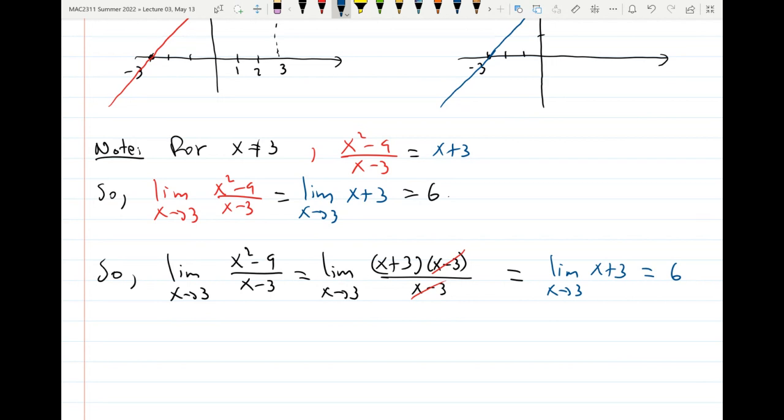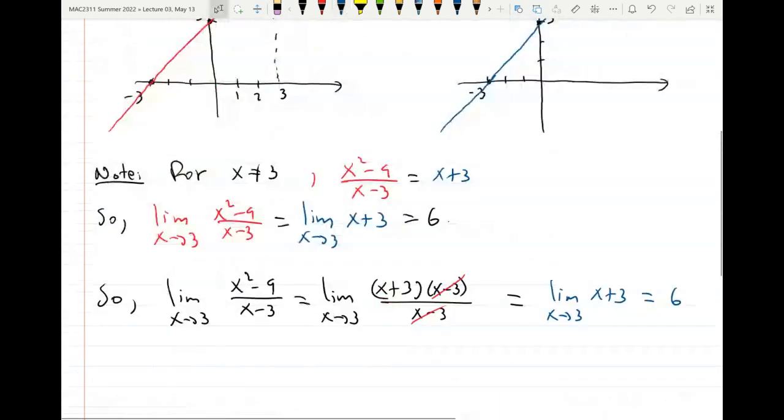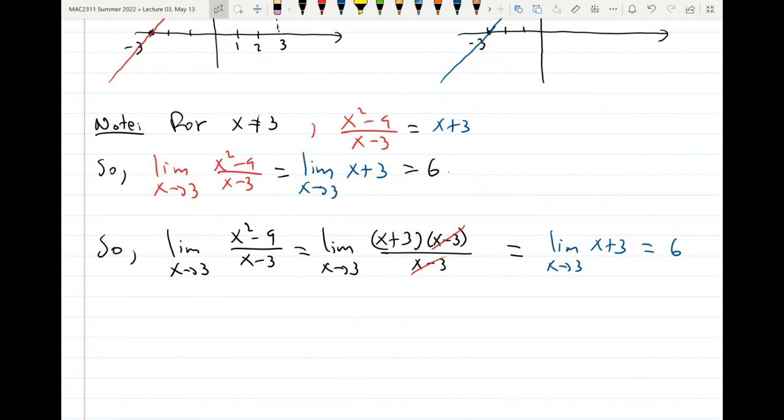Okay? So I'm going to write what I just said here, the general property that basically says if two functions agree at all values on an open interval around a given point, maybe they don't agree at the point itself, but if they agree around the point, then they have to have the same limit. Okay?